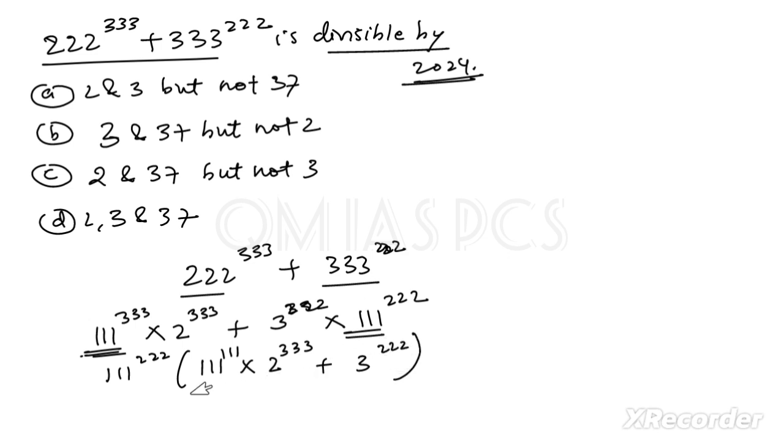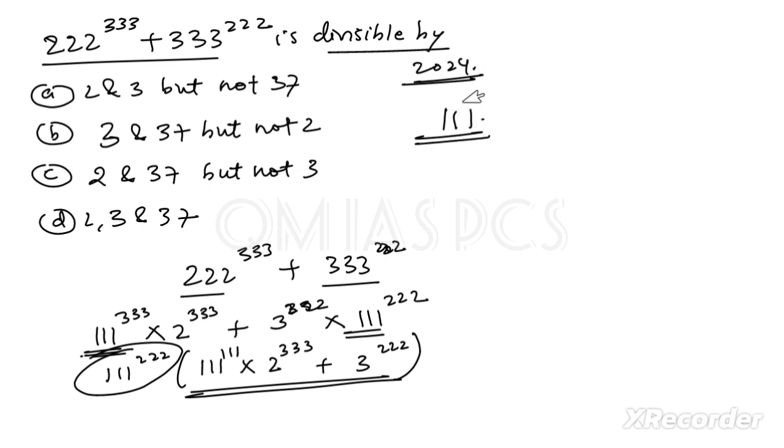I know this is very difficult to solve, but you can see this is 111 power 222, and we have to find the divisibility of this. So can we take only 111? When you prime factor this one by 3, it will be 30.